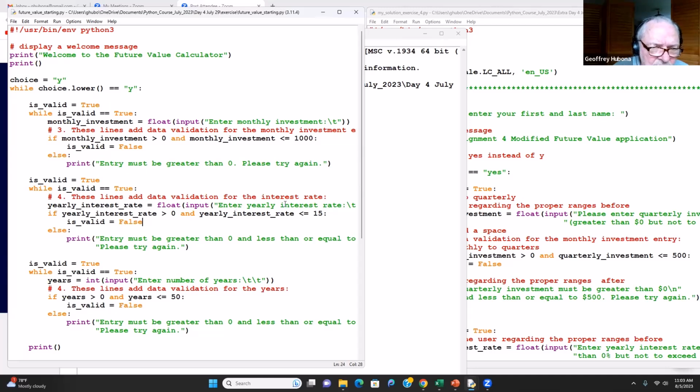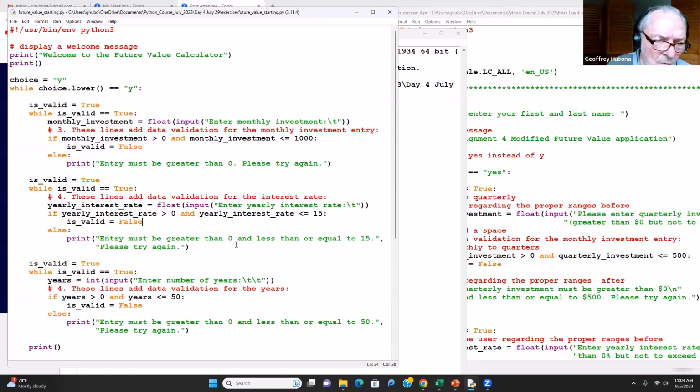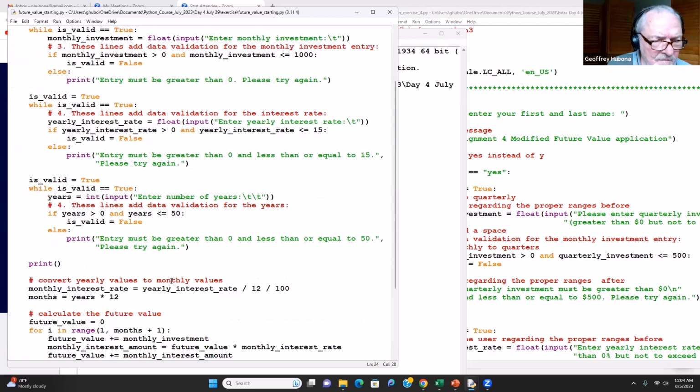The yearly interest rate had to be between 0 and 15%. And the prompt that was presented, if you did not enter something in that range, was a little more informative. It says between 0 and 15. And then the number of years between 0 and 50.